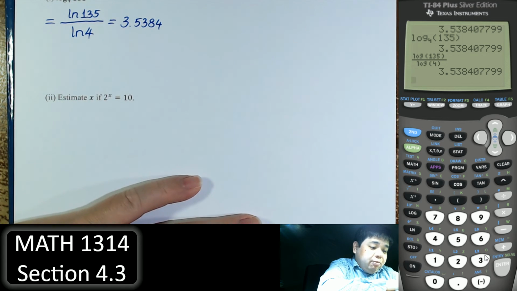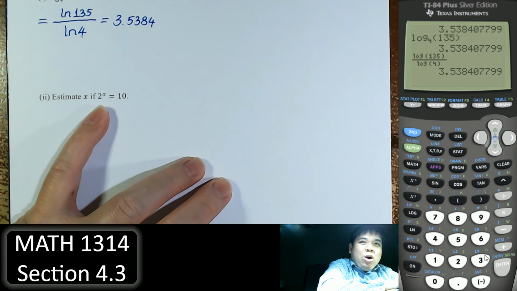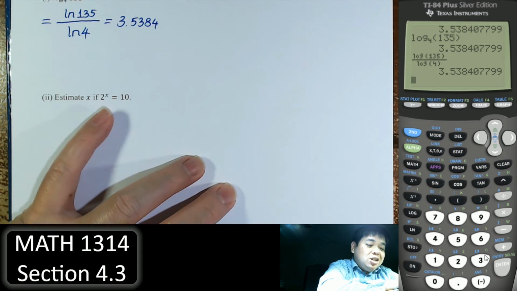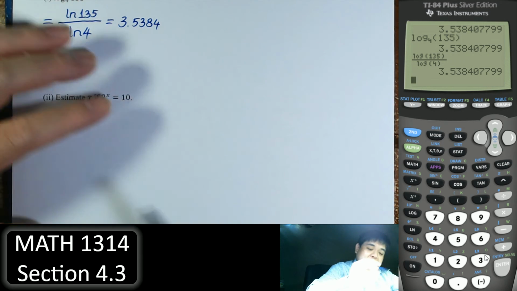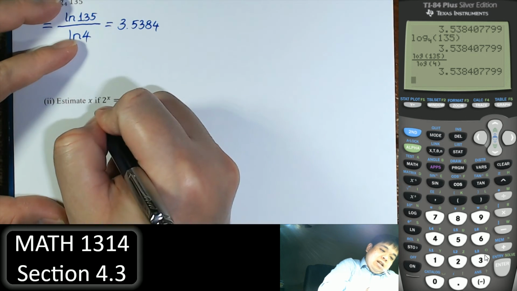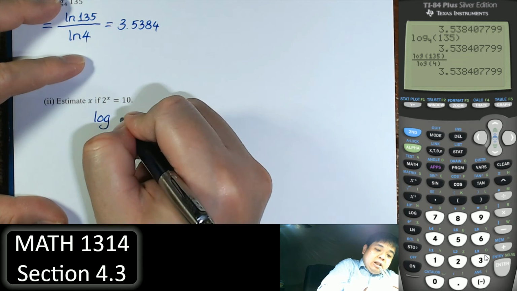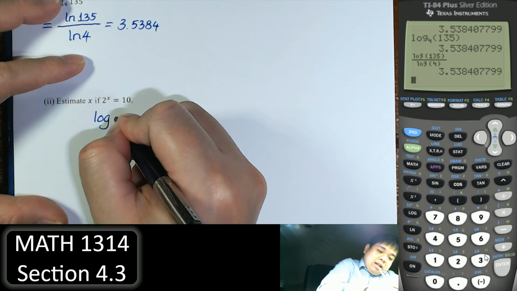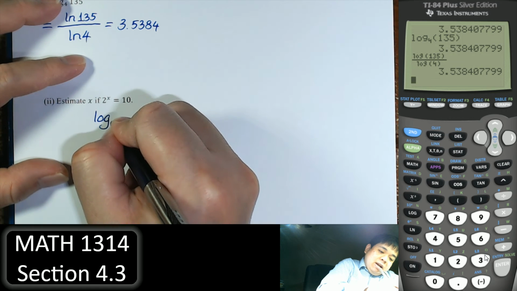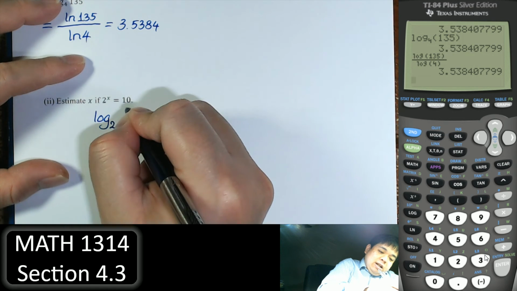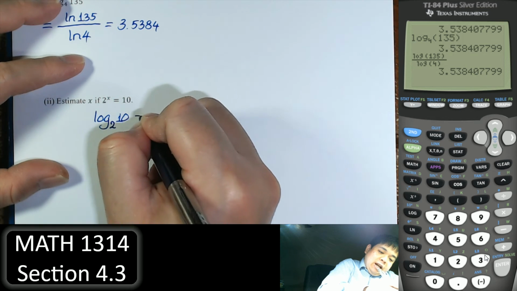And finally we get back to the question at the beginning of the section. 2 to what power is equal to 10? So in this case, we write this in logarithmic form, and we switch 10 and x. The base is 2 though, right? The 10 goes here and the x goes there.